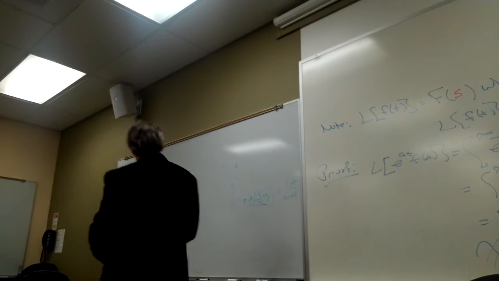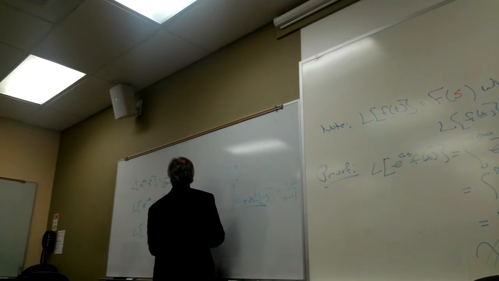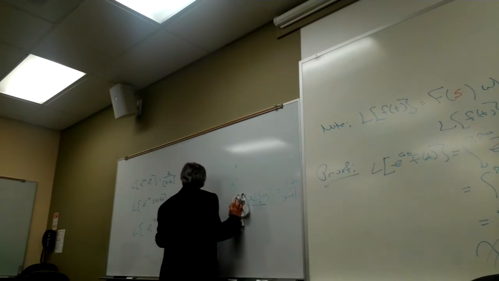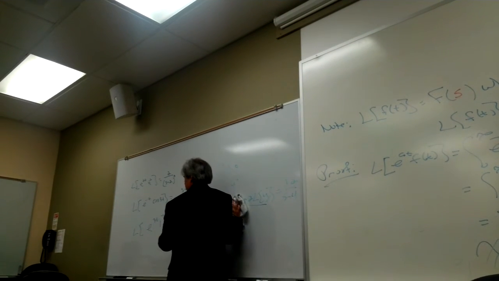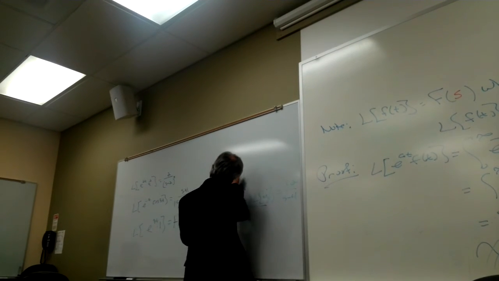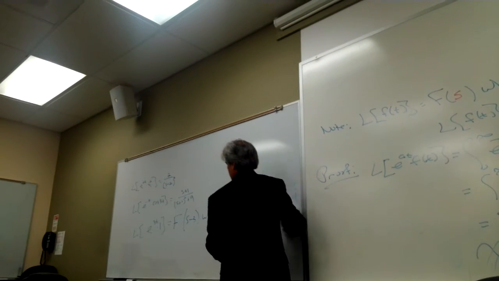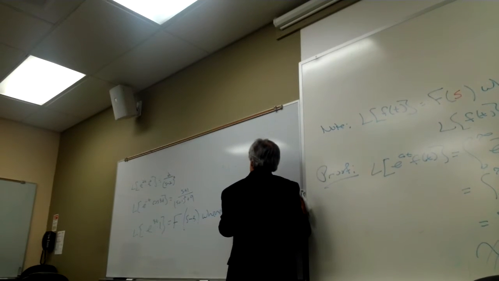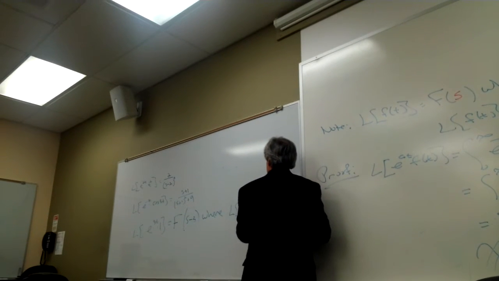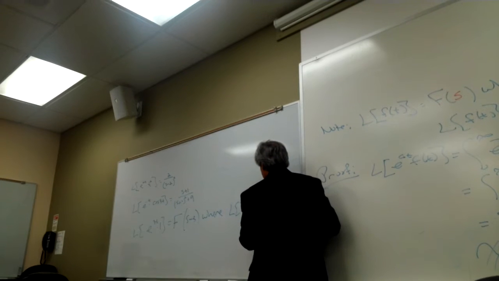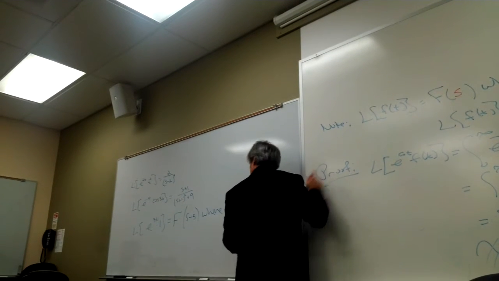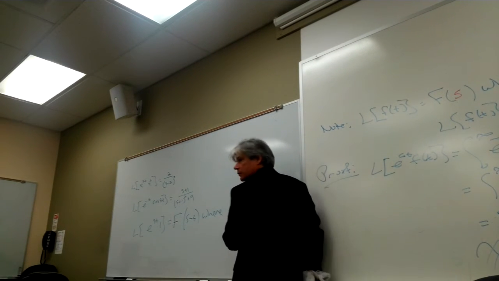I think it's composition. Because I think what this should be is the Laplace of some function little f, I'll call it big F, of s minus a. If I were to Laplace 1, it really gives me my big F of s. That means my big F of s is going to be the Laplace of 1, which is just 1 over s.